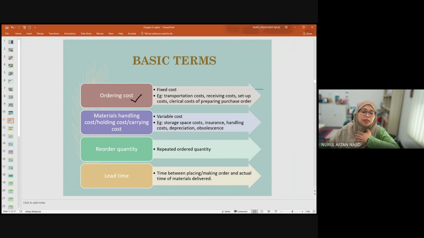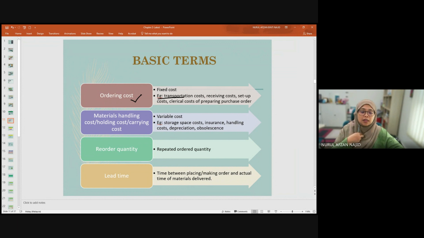Dalam masa yang sama, bila kita order barang, kita kena bayar transportation cost. Sebab tu kita ada transportation cost kat sini. Contoh kalau you beli barang daripada TikTok shop ataupun dekat Shopee and so on, siapa kena bear delivery cost tu? Kita ke ataupun supplier? Kita.